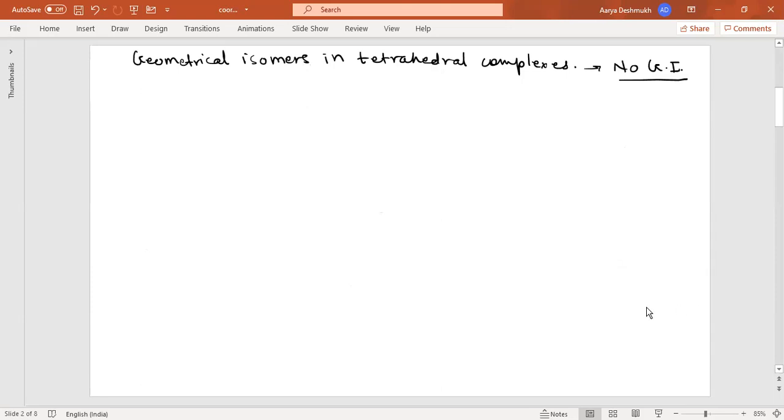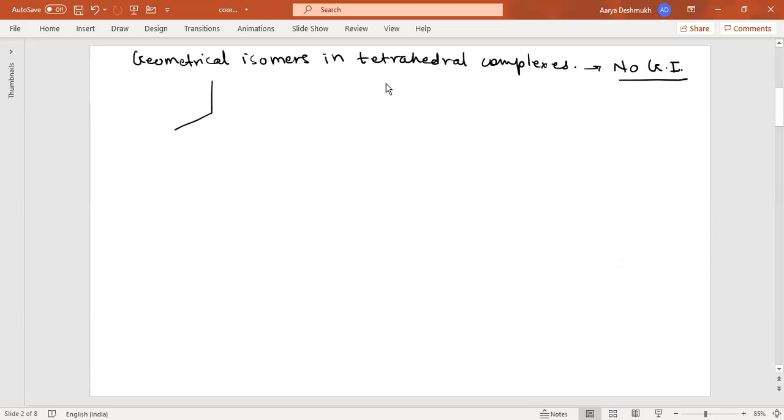Here I wrote no geometrical isomerism. Tetrahedral complexes do not show geometrical isomerism. Now let's see why this is so.